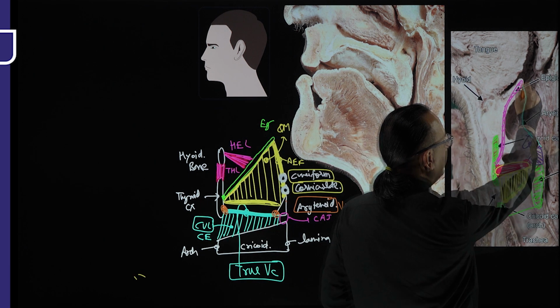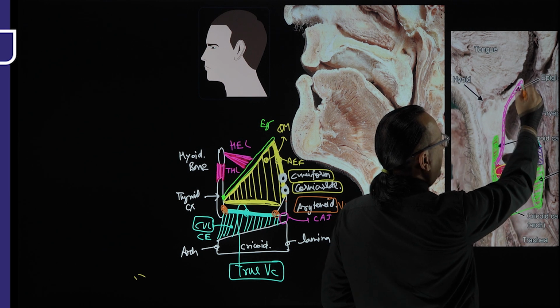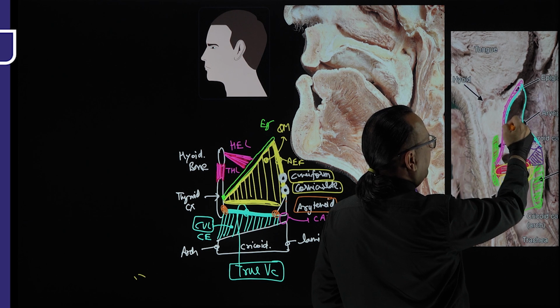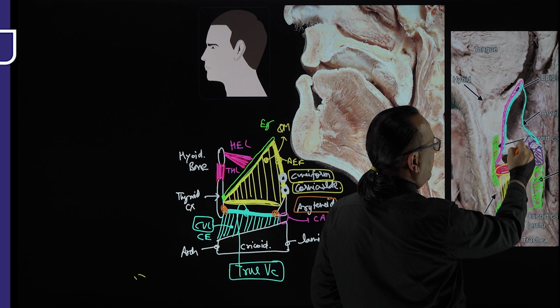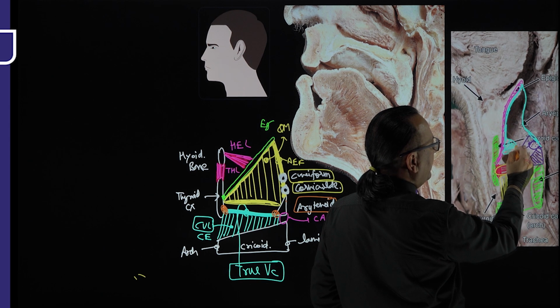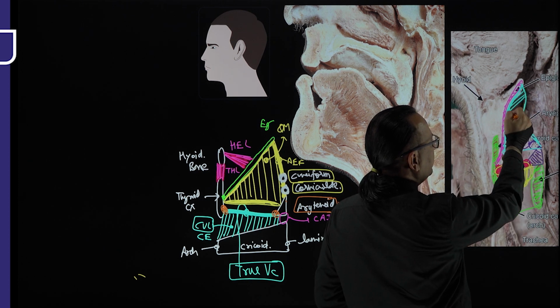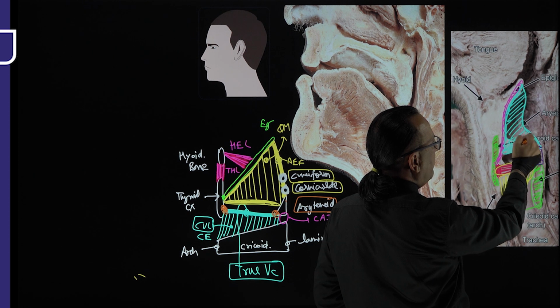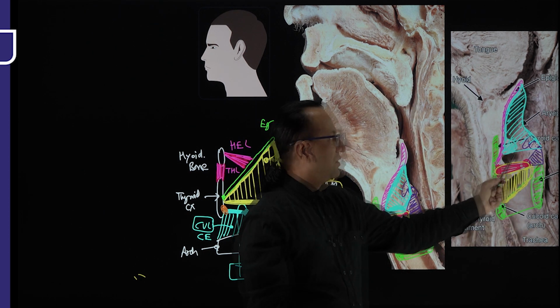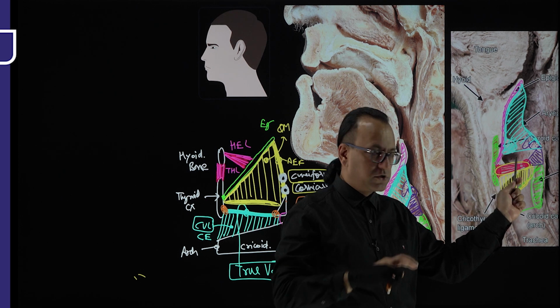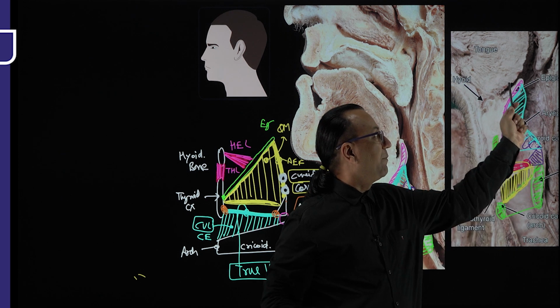So as you can see, this is the aryepiglottic fold attaching to the lateral margin of the epiglottis, and if we are talking about its lower border, a cut section can be seen here, is the false vocal cord. So this is the upper intrinsic membrane or quadrangular membrane, and in the quadrangular membrane, this is the cut section of lower free end forming the false vocal cord, whereas this is the aryepiglottic fold.